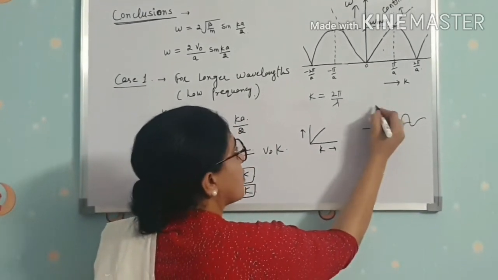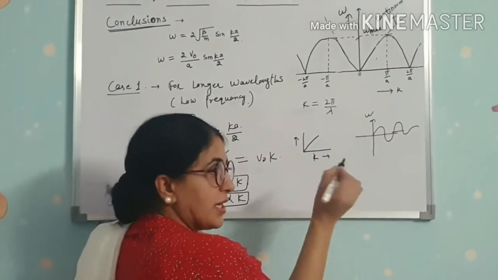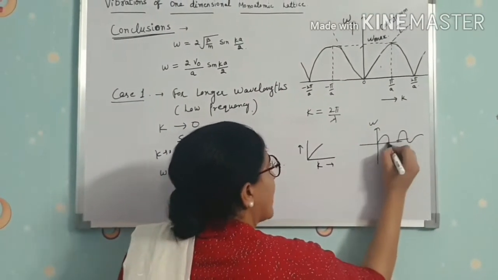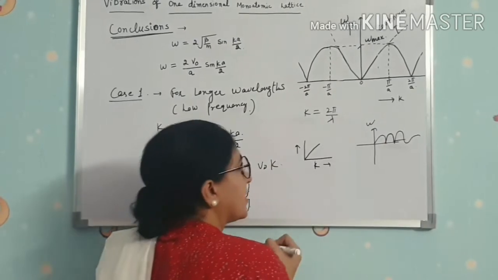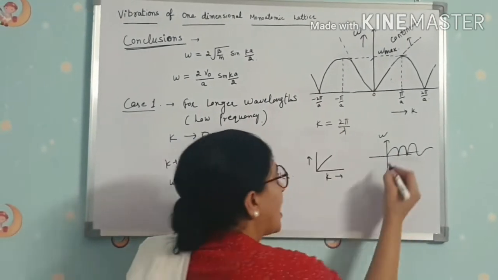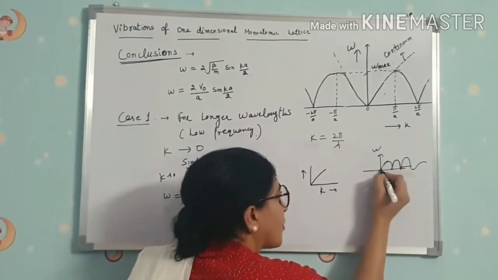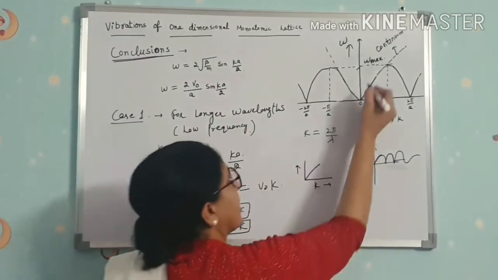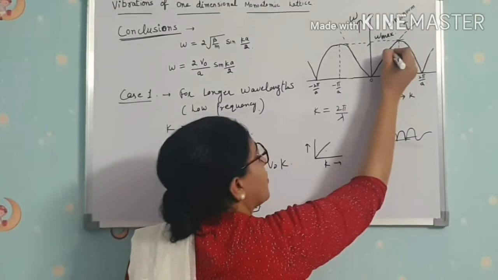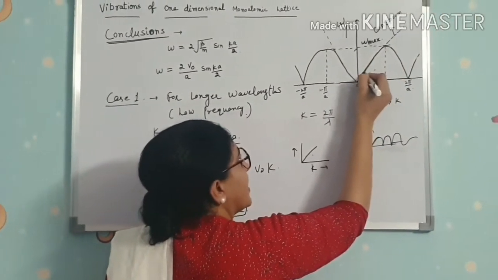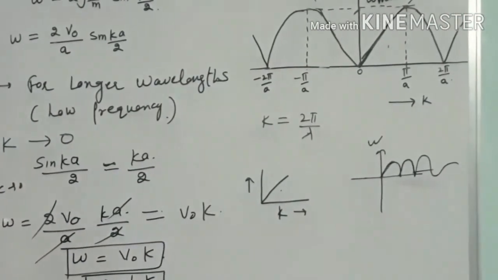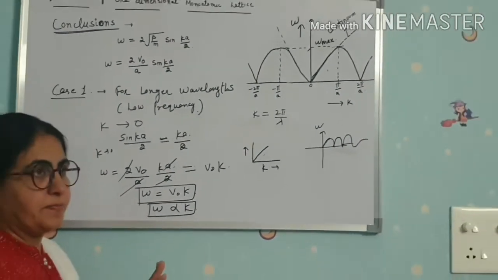But the graph is not like this. From this up to this, the graph is a straight line, in the positive axis also and in the negative axis also, because omega is directly proportional to k.